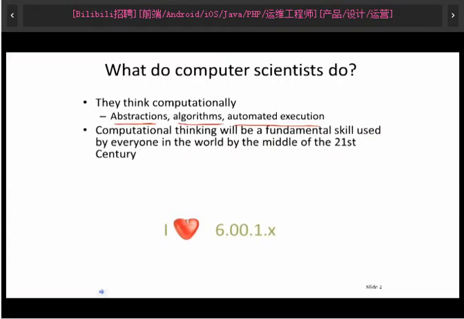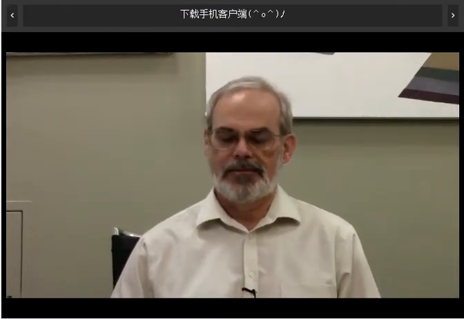They think computationally. I'd like to argue that computational thinking is crucial, that it really is a fundamental or foundational skill that's going to be used by everybody in the world sometime soon. And you don't have to buy this particular version of computational thinking, but it's kind of nice. This mode of thinking really is what we want you to take away from this class.